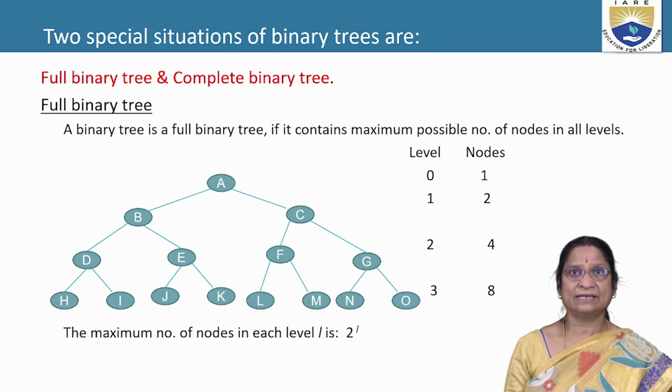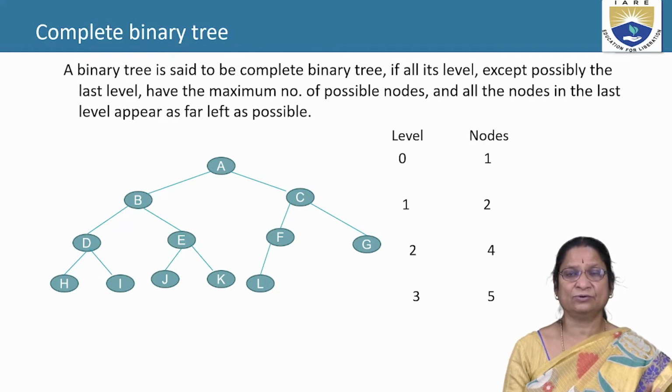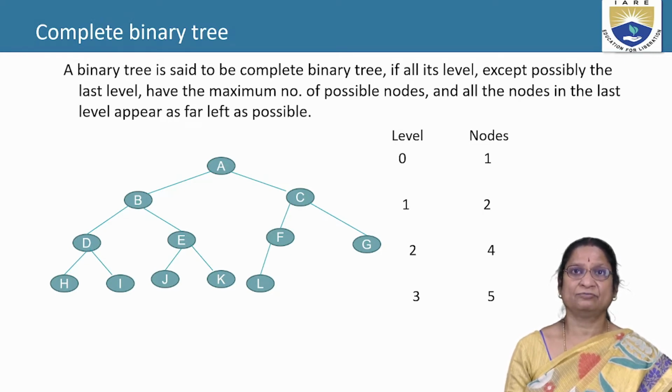And in a complete binary tree, at all levels the maximum number of children will be there, possibly except in the last level. In the last level, some of the nodes may not have the maximum children, as long as the leftmost are filled first.